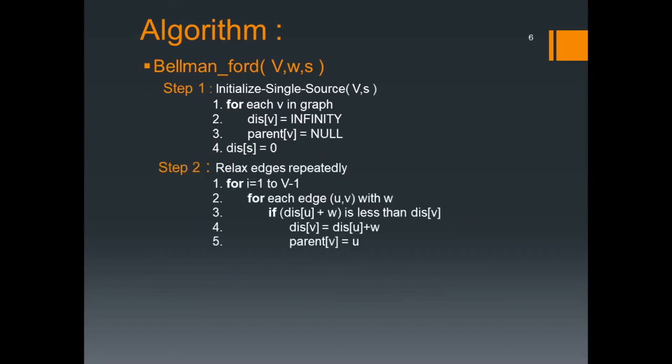After that, we can see the relaxation part. In this relaxation part, I iterate a loop from 1 to V minus 1 times.